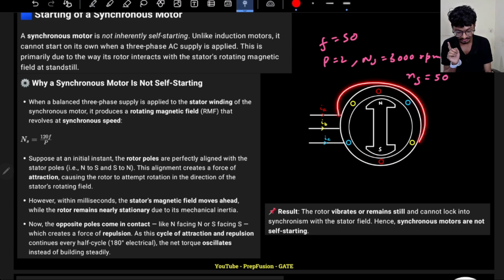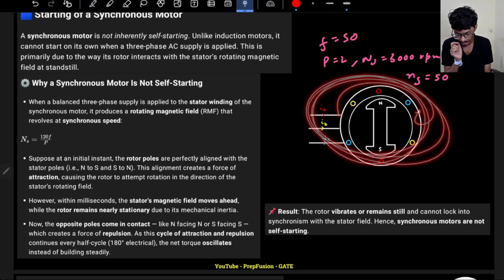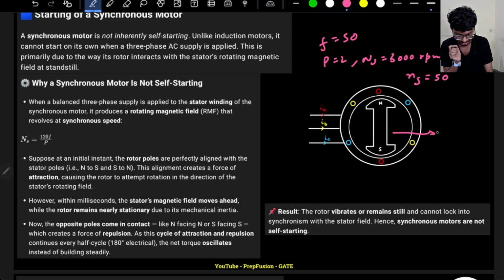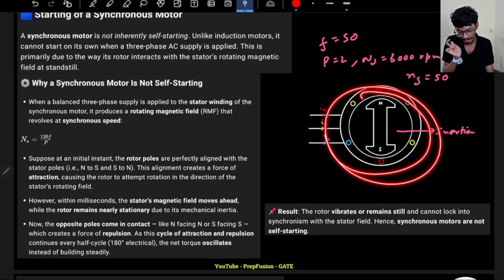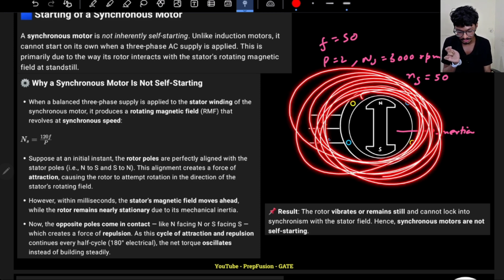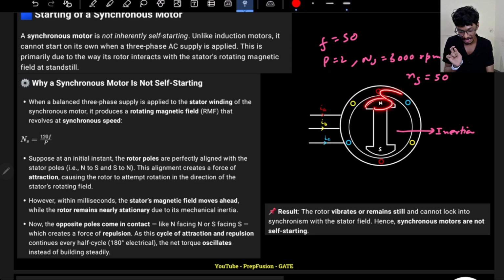In a second it is revolving 50 revolutions, and the rotor will have its own inertia. Initially the rotor is stationary, and we know that alignment torque acts between the rotor and the stator. But the problem is that this stator magnetic field is rotating so fast that it is not able to align, because the average torque is zero.